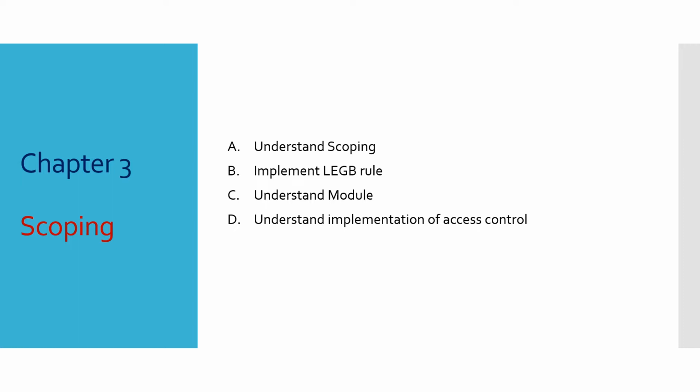First, the definitions and some examples around scoping, and how we use the LEGB rule, which is an important concept too, and some points around what a module is, as well as a short brief detail around access control and how it's implemented in computer programming. Again, while this chapter looks more theoretical, it's also trying to give you details of the basic concepts used in computer programming.